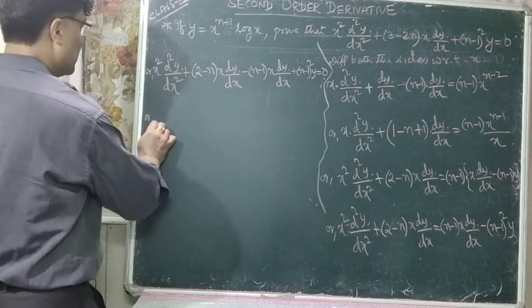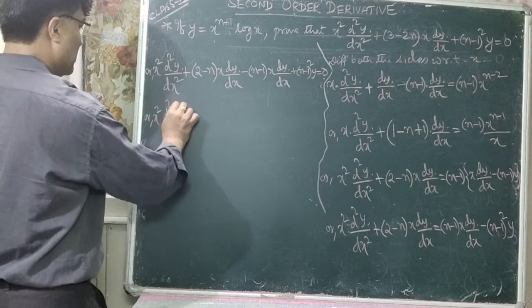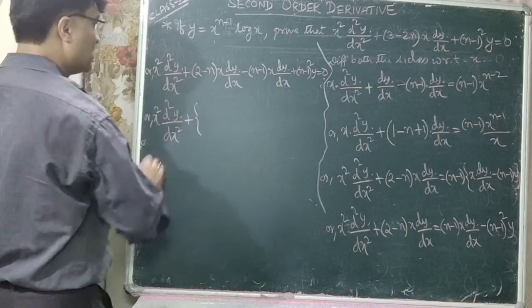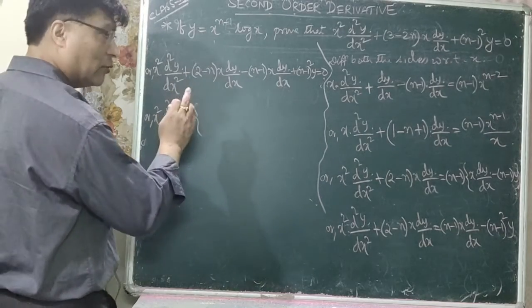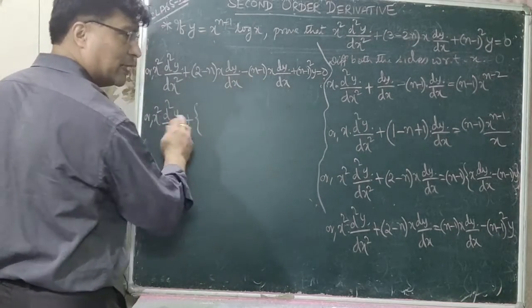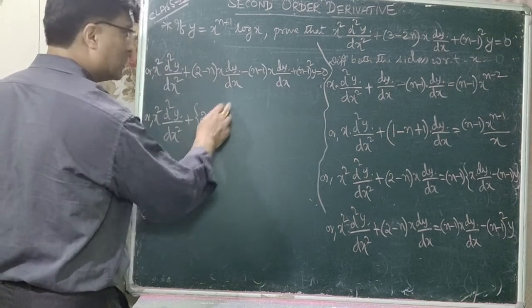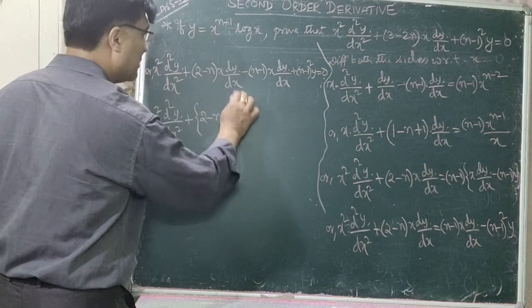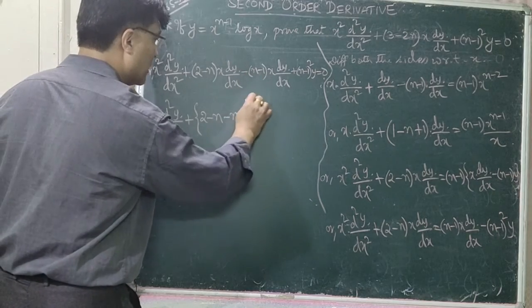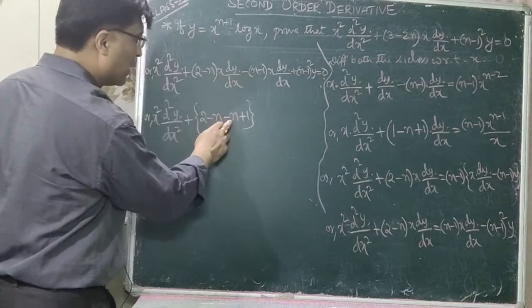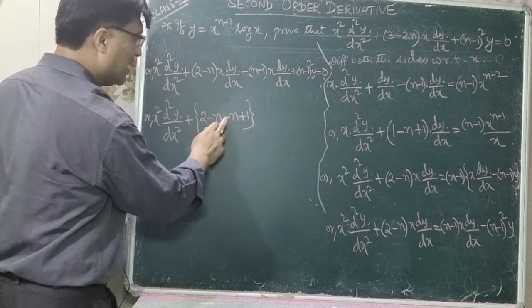So now let's simplify it. x square d2y by dx square plus within second bracket, now what is common here? x dy by dx. So within bracket what do we get? 2 minus n, isn't it? Then minus n minus 1, bracket closed. Because of this minus sign, this becomes plus 1 minus n.